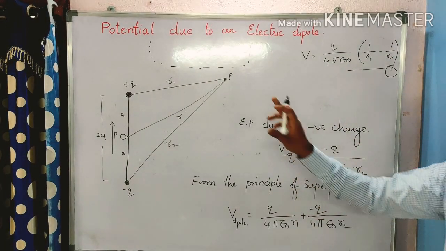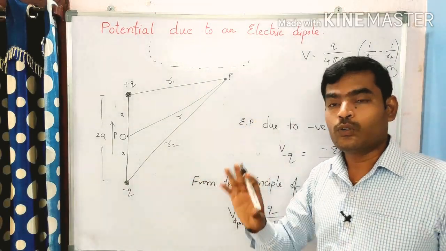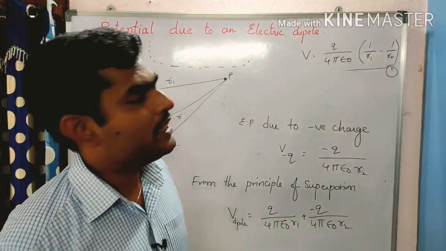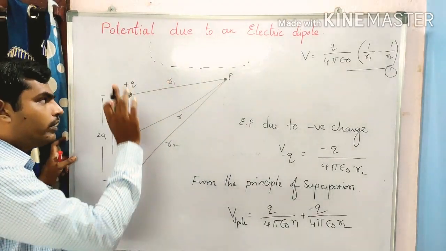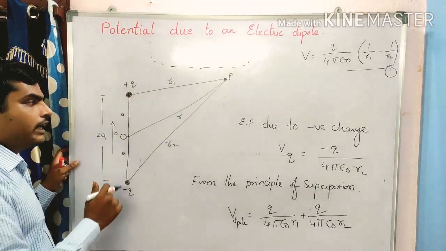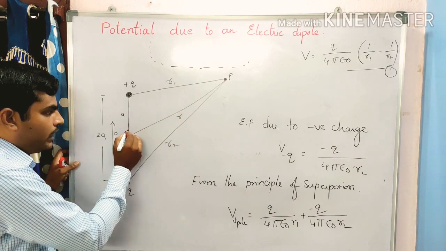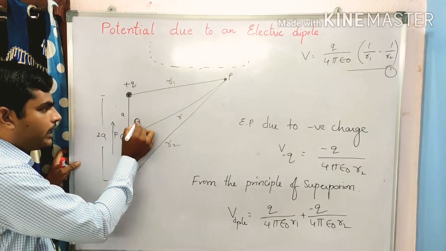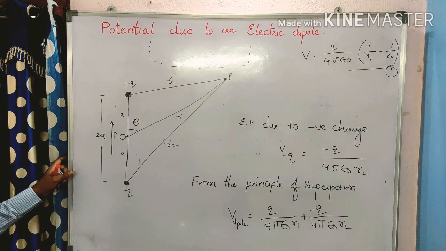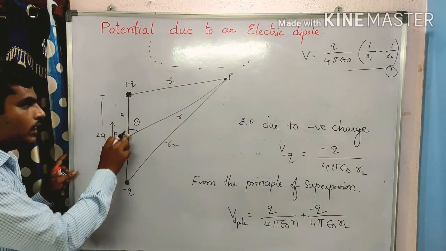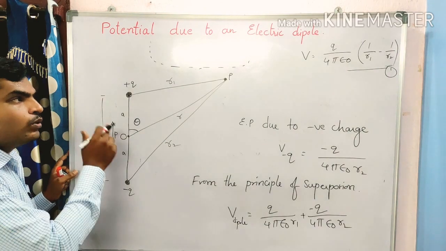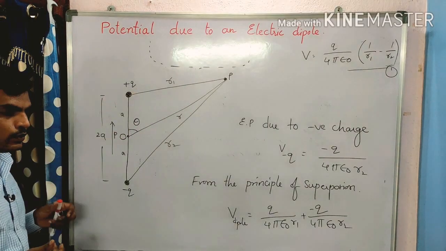Now we have to find R1 and R2. How to find R1 and R2? Because it is not a right angle triangle. This point P is making an angle theta, it is not 90 degrees. So how to write the R1 and R2 values?